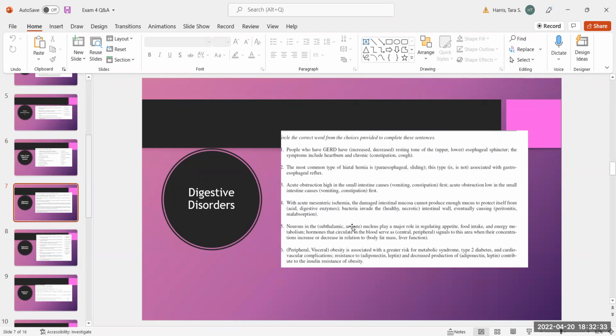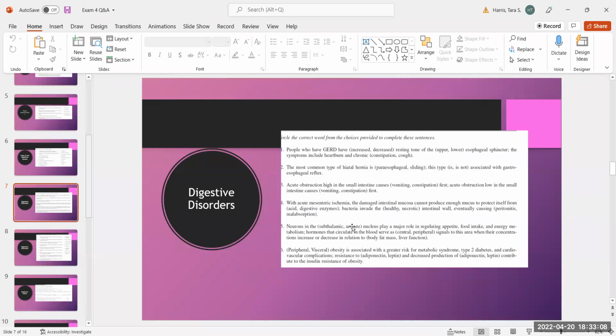Let's see. A patient with acute mesenteric ischemia. The damaged intestinal mucosa cannot produce enough mucus to protect itself from what? Acid or digestive enzymes? Acid. Okay. And then bacteria invade the healthy or the necrotic intestinal wall? It's necrotic.